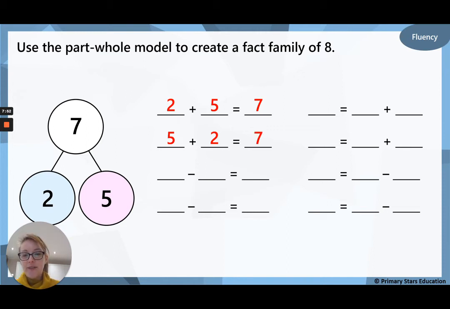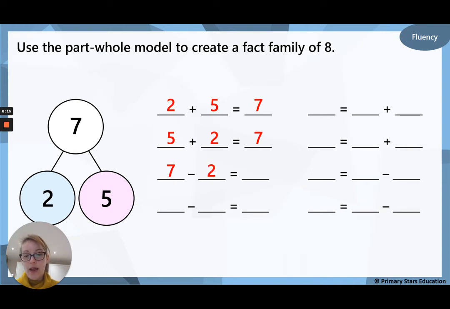Great. So now let's think about our subtraction number sentences. So remember, in a subtraction, we always start with the whole and we take away a part. So have a little think, what 2 subtraction number sentences could we write? And let's have a look at our answer. So we're going to start with 7, our whole, and we could subtract 2.